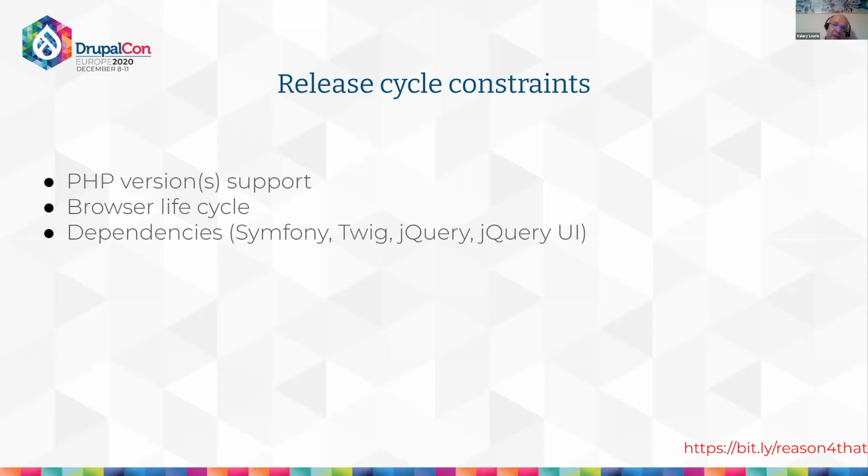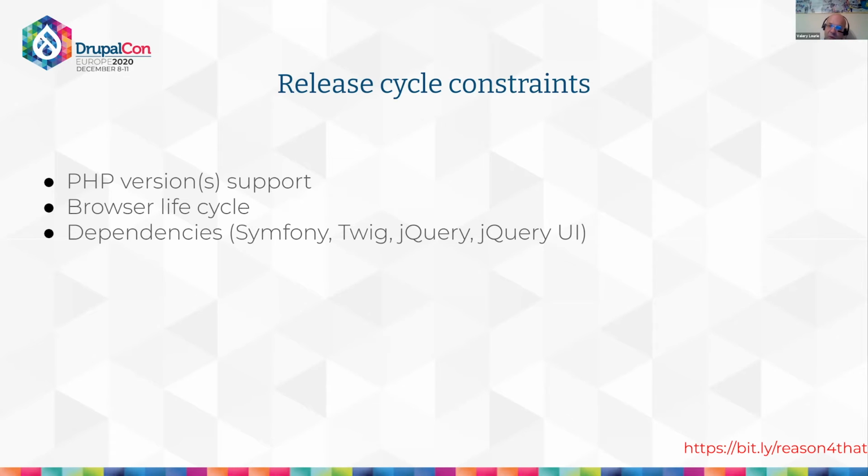And that means that modern Drupal core consists of core itself and also its dependencies, the components that do not belong to Drupal core, but are used by it. And these components have their own constraints.